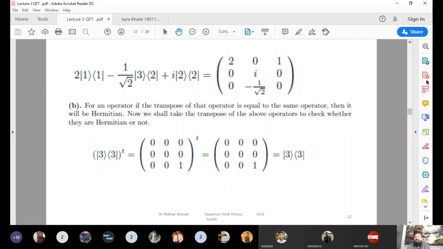Or if you put the bar, if you take the complex conjugate and then the transpose, you get the Hermitian matrix. Yes. Maybe something is missing in the definition here, because first of all you take the complex conjugate, meaning A bar, and then you take the transpose.